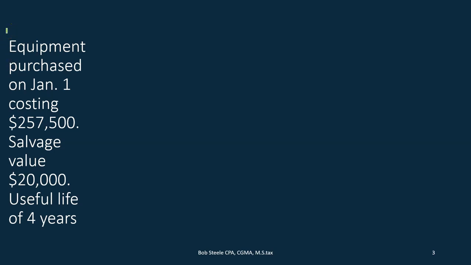We then have looked at the straight line method, which is probably the first method we want to look at because it's usually the first thing that we will think about when we think about this problem related to equipment. What is the problem? Well, if we think about equipment that we purchased for $257,500, with a salvage value in this case of $20,000 and a 4-year useful life.